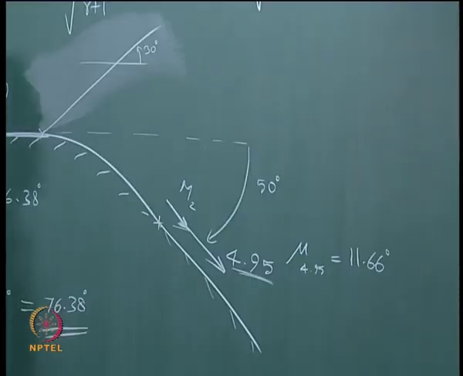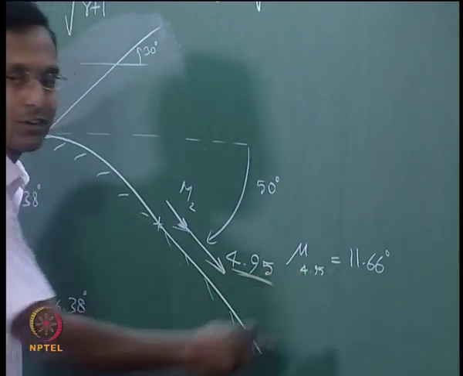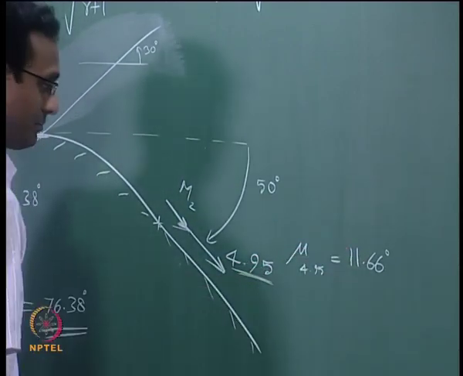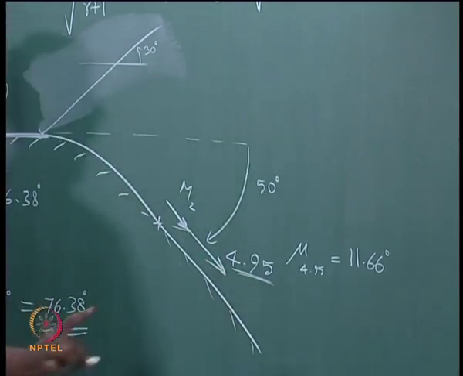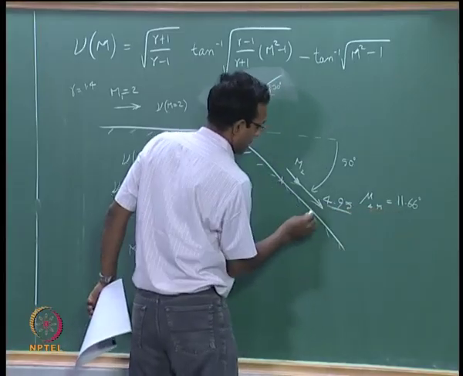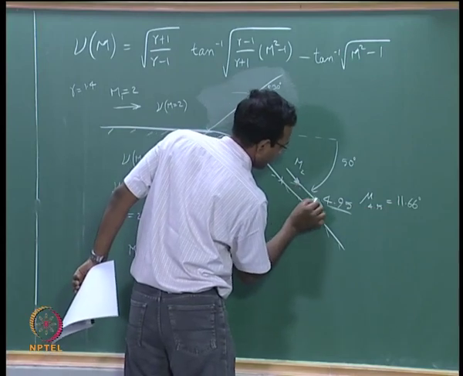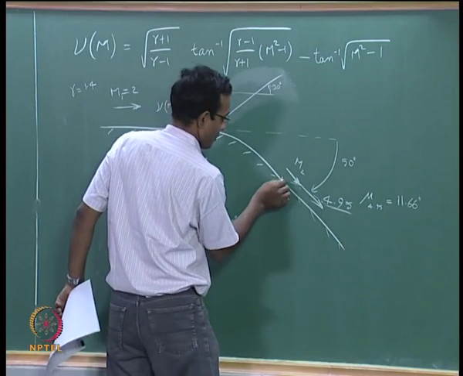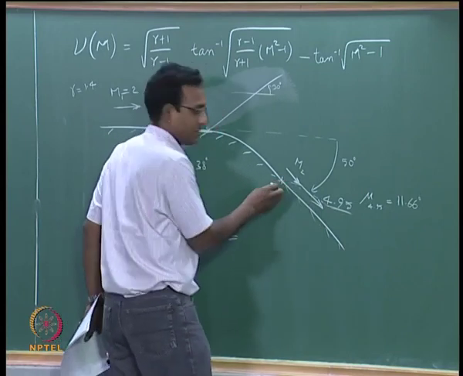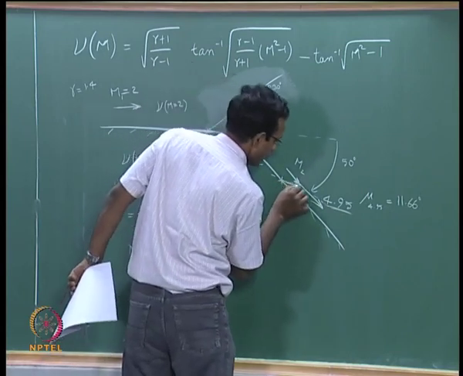This is sin inverse 1 by 4.95, that happens to be this. So with respect to this flow velocity direction, I am going to have 11 degrees from here, which is a very small angle like this. So from the last point of change, it is going to have an angle like this.